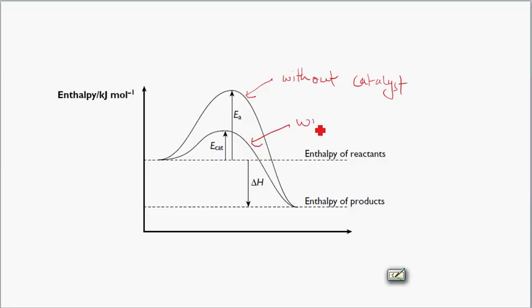So this is with the catalyst, and if you notice, without the catalyst, the activation energy was represented by this line, and with the catalyst, the activation energy is now this line. Okay, and notice that both curves start at the same point, because remember we said this is the enthalpy of the reactants, and both of them end up at the same point. All right.